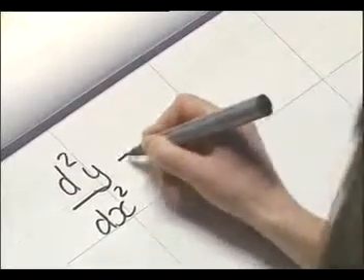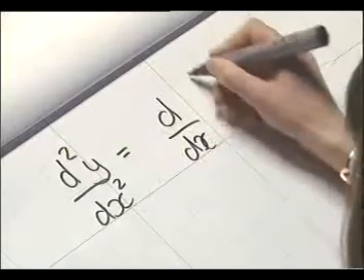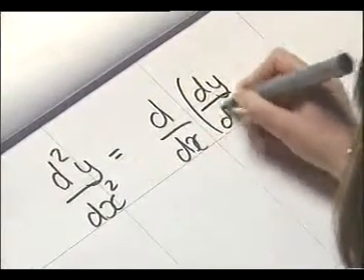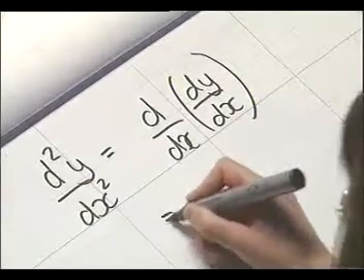Now, applying the chain rule for a second time, we have d2y by dx squared equals d by dx of dy by dx, because we need to differentiate dy by dx again.